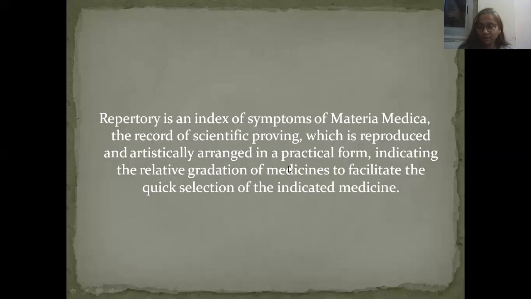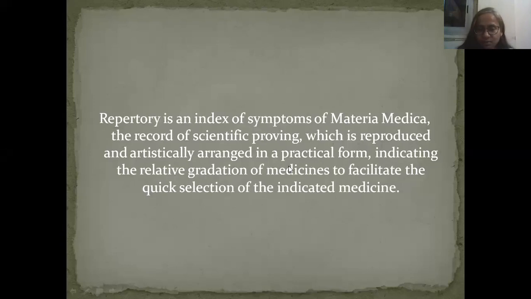Okay, so before understanding any repertory, we have to understand what is repertory. I know many of you, in fact most of you, know about repertory, but I guess there will be a few people who are new to repertory and repertorization, so it is for them that repertory is an index of symptoms of materia medica. In very simple language, this is a record of scientific proving which is reproduced and artistically arranged in a practical form, indicating the relative gradation of medicines to facilitate the quick selection of indicated medicine.